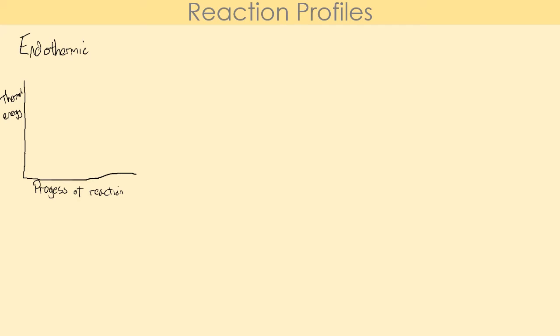We always start by first drawing a line for our reactants, which we have along here. This shows the amount of energy they have before the reaction. Because it is endothermic, we end up having more energy in our products. So our line for products will be higher up.